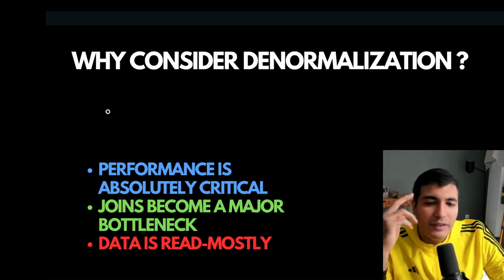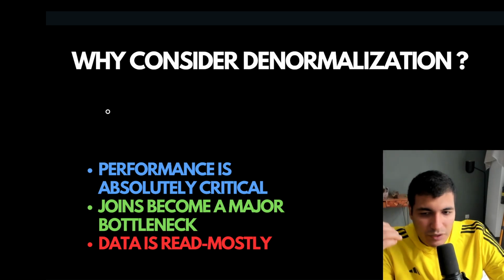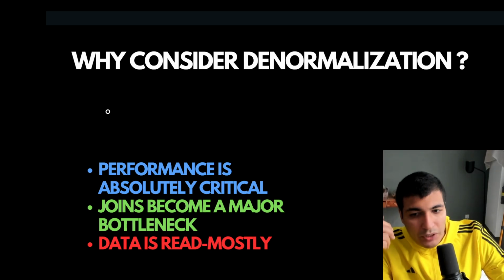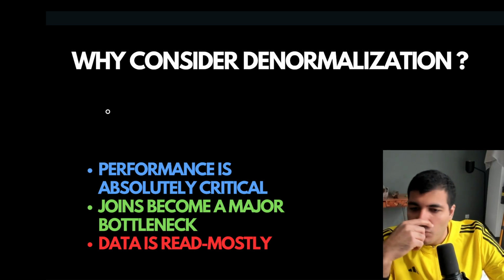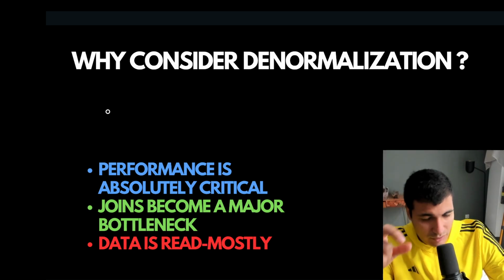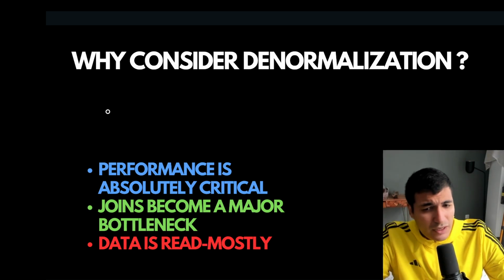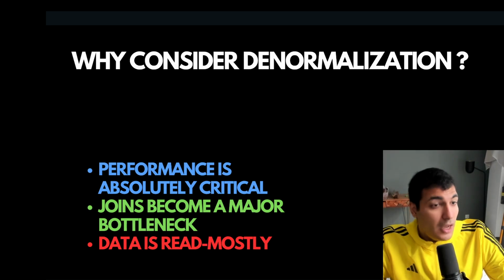If the data in question is frequently read but rarely updated, or perhaps updated in bulk during off-peak hours, then the overhead of maintaining redundant data might be an acceptable trade-off for the read performance gains. If data doesn't change often, the risk of inconsistency is quite lower.